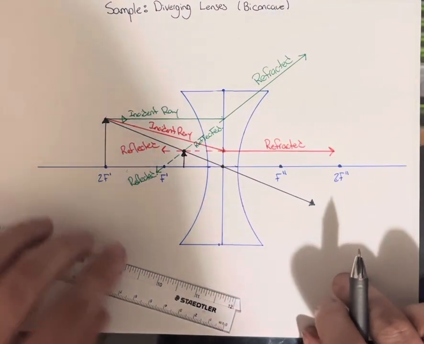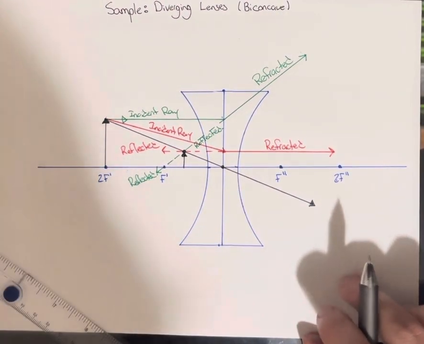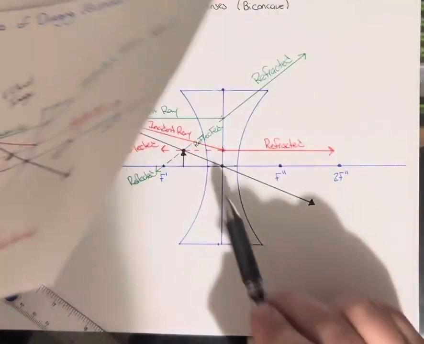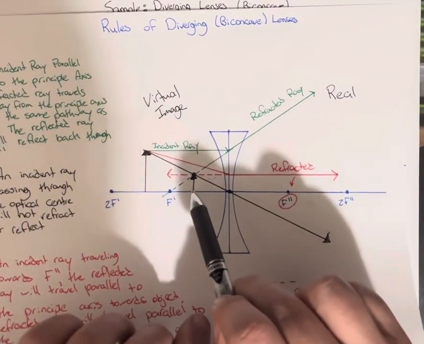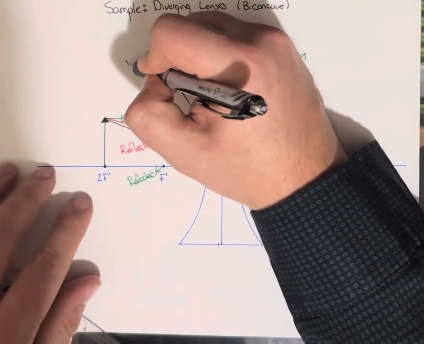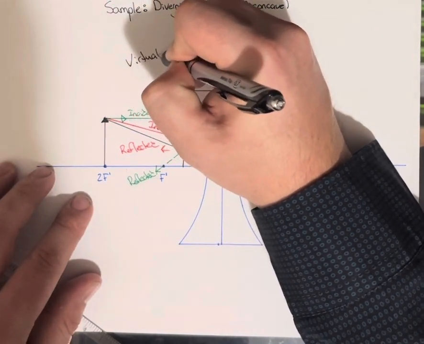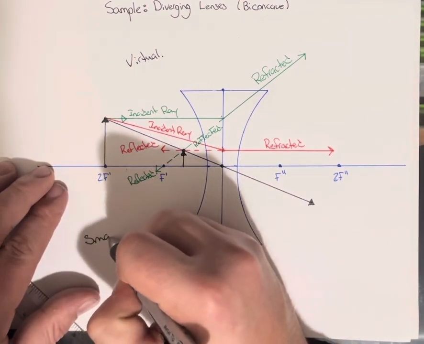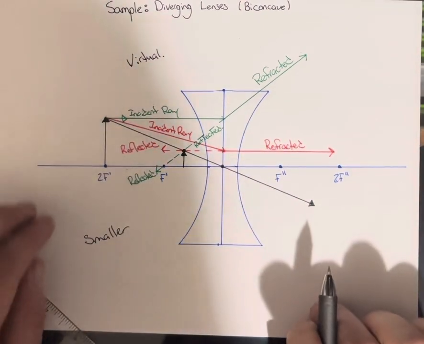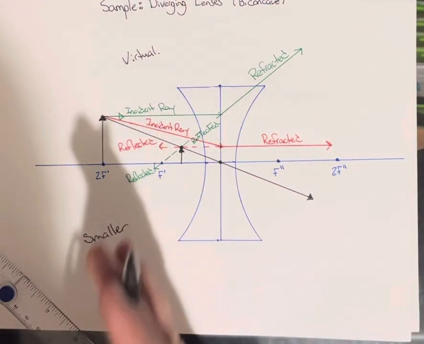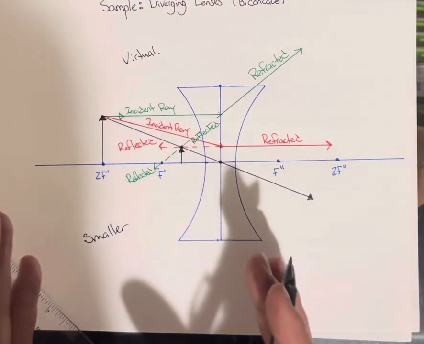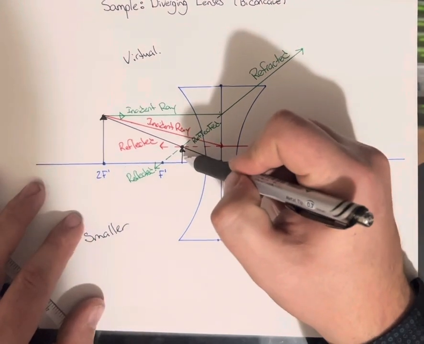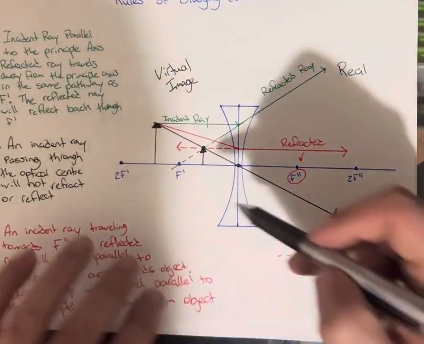Now you will notice that in this scenario, as well as the past scenario that we did, in both scenarios, the image that is created is going to be virtual. It is going to be noticeably smaller than the object, right? It is going to be on the same side of the individual lens as the object itself, and it is going to be upright in both scenarios.